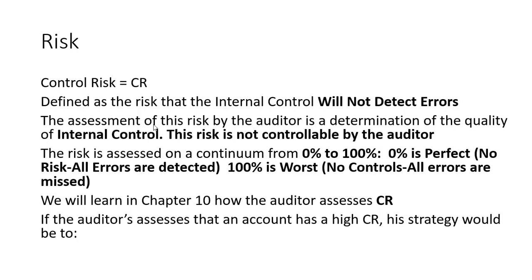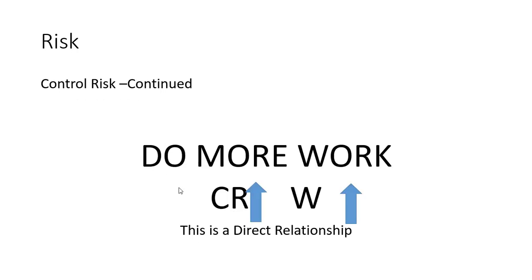You'll learn in chapter 11 how the auditor assesses control risk. If the auditor assesses that an account has a high control risk, meaning internal controls are not good, their strategy would be to do more work. Control risk goes up, the amount of work that the auditor does goes up. So this too is a direct relationship.